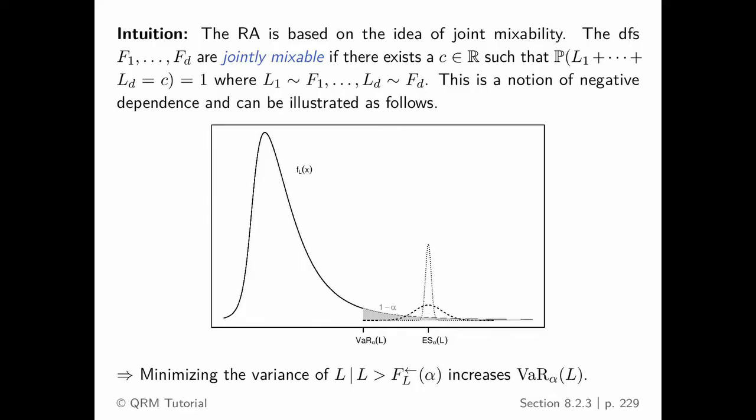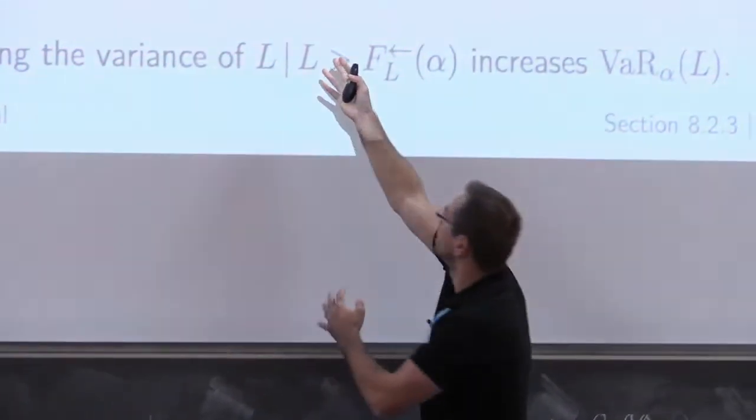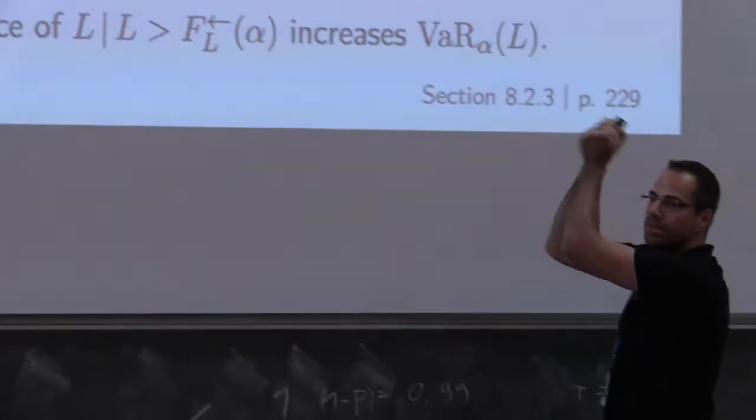There's a little bit of intuition, and the theory behind it is, as Paul stressed this morning, extremely complicated. But I just want to, in one picture, try and give you the intuition. So I have the sum of my losses, and if I manage to minimize the variance of my losses in the tail, then this mass 1 over alpha is more and more concentrated further out, and that pulls value at risk to the right.